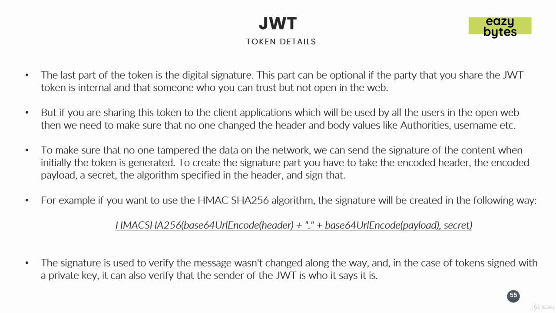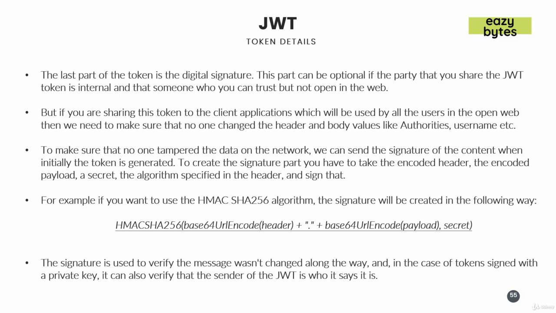If they both match, and when I say match, not the content but the hash value of both values matches, then it believes, okay, this is my original token that I generated and no one tampered with it. That's the purpose of the digital signature inside our JWT token.